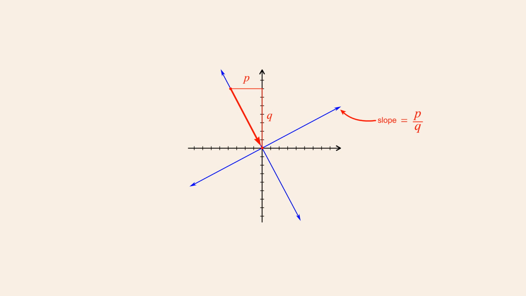This time, the difference in vertical positions is negative Q, and the difference in horizontal positions is P. So the slope of the second line is negative Q over P. These two slopes, P over Q and negative Q over P, are negative reciprocals of each other.